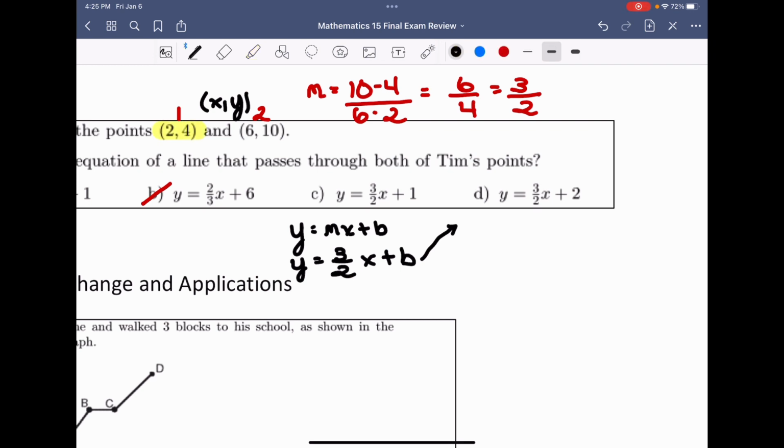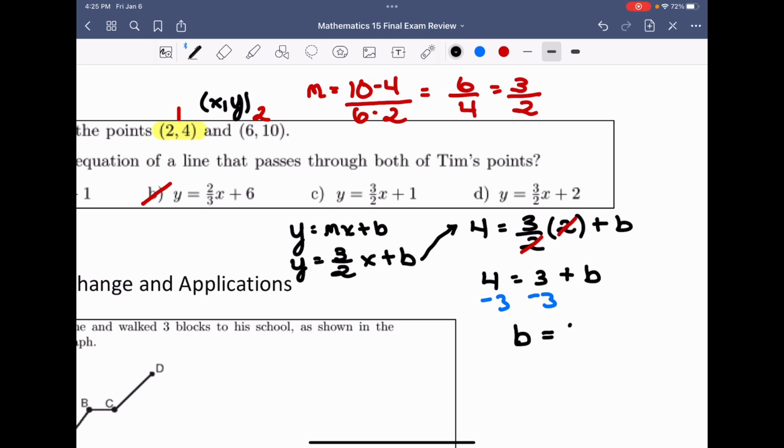If I sub in 4 for y, 4 is equal to 3/2 times 2, which is x, plus b. Now we have to isolate for b. The 2 over 2 cancel, and I'm left with 4 equals 3 plus b. I subtract 3 from both sides, and therefore I get a b value equal to 1.